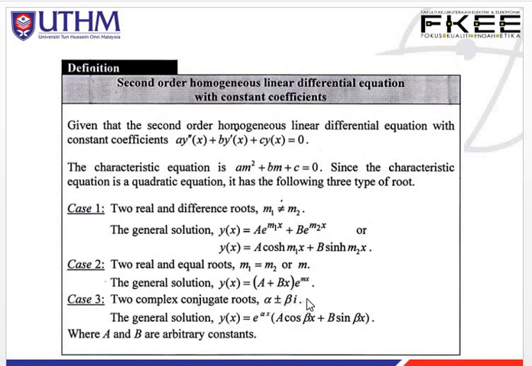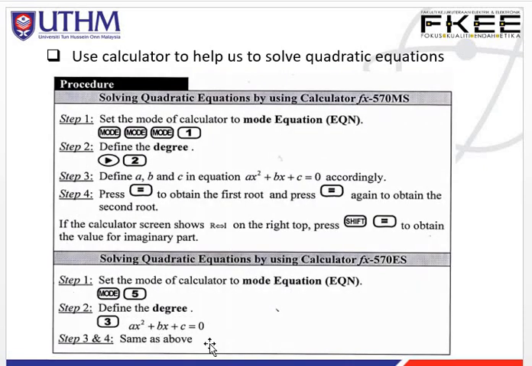So this is a complex number. The general solution is y(x) equal to exponent alpha x times (a cos beta x plus b sine beta x). So these are the 3 cases that you obtain from the calculator.